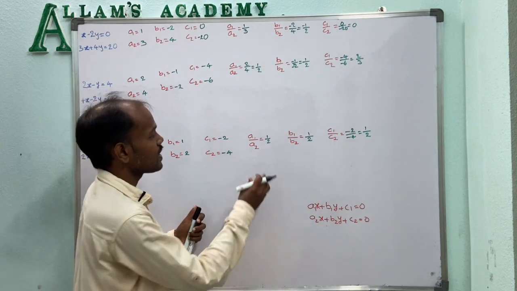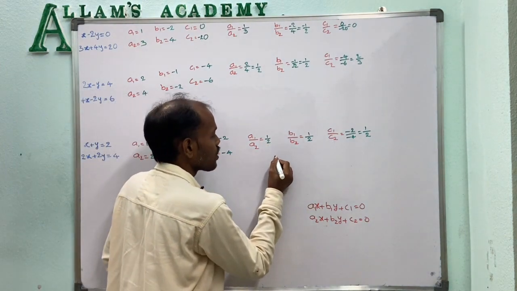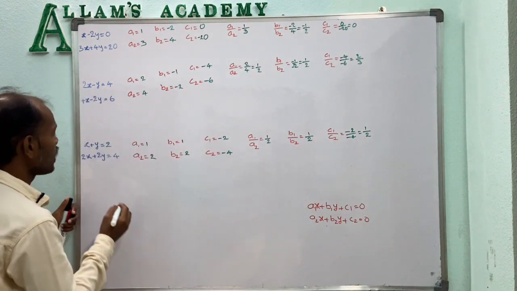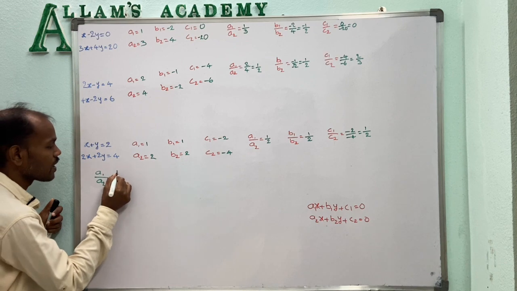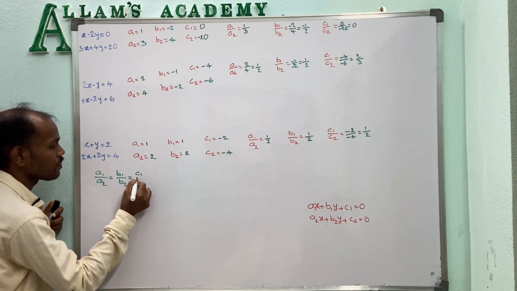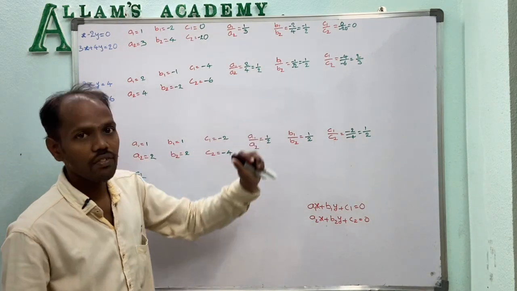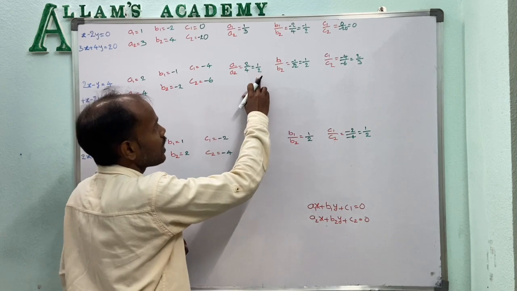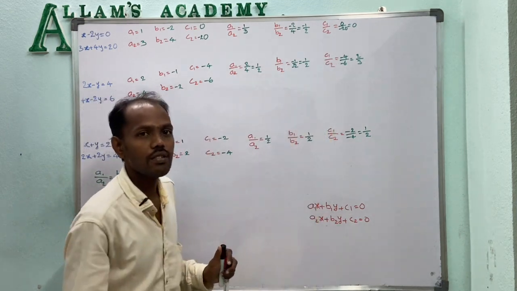Okay, now to observe this third problem: here a1 by a2 is equal to b1 by b2, which is equal to c1 by c2. Now in the second equations we observed a1 by a2 is 1 by 2, b1 by b2 is 1 by 2, and c1 by c2 is 2 by 3.